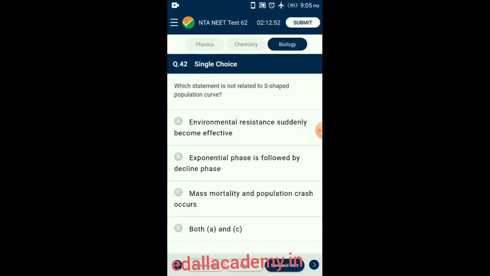The slowing of the rate of growth reflects increasing environmental resistance, which becomes proportionately more important at higher population densities. Hence, the statement that both environmental resistance suddenly becomes effective and mass mortality and population crash occurs is not related to the S-shaped population curve. So the answer is option D. Both A and C are not related to the S-shaped population curve.